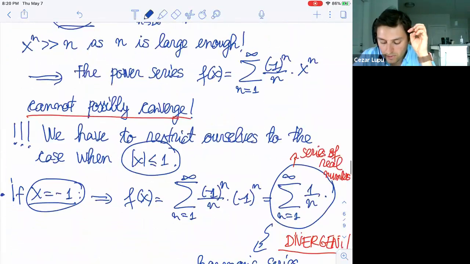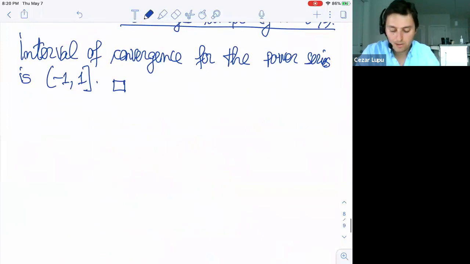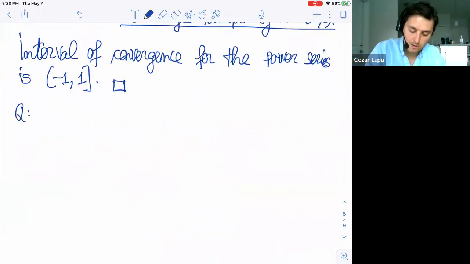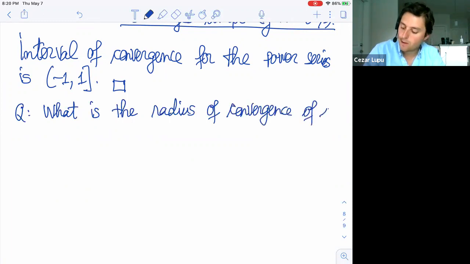So in other words, you can just do it directly. So the question is, what is the radius of convergence of our power series?